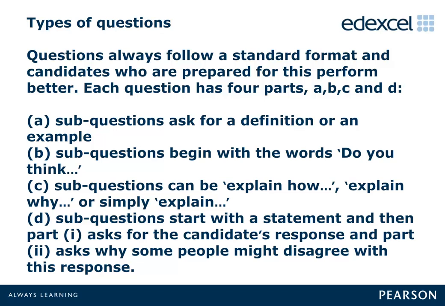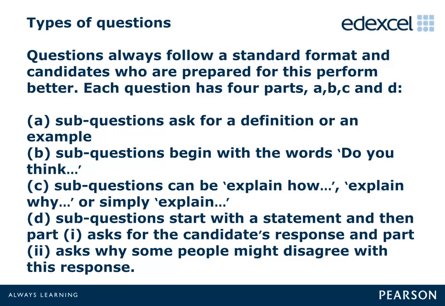In B sub-questions, they clarify their opinion by starting their answer with "I think, because," and then go on to develop 2 clear reasons for their opinion. In C sub-questions, they ascertain whether the question is asking for reasons why, explaining how, or whether it requires a detailed explanation of something.